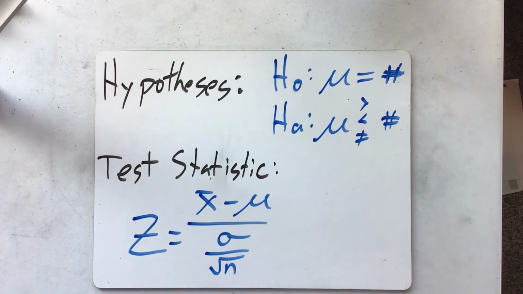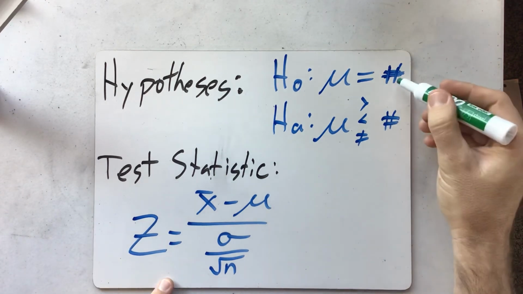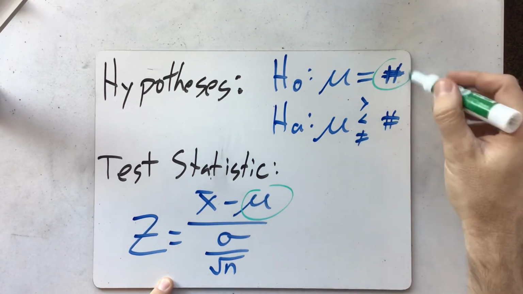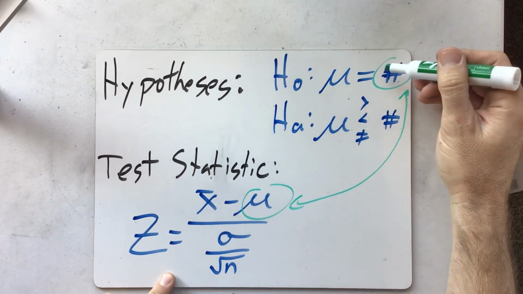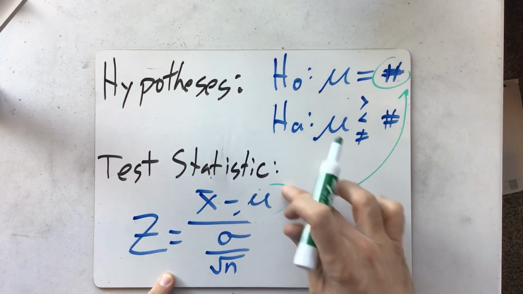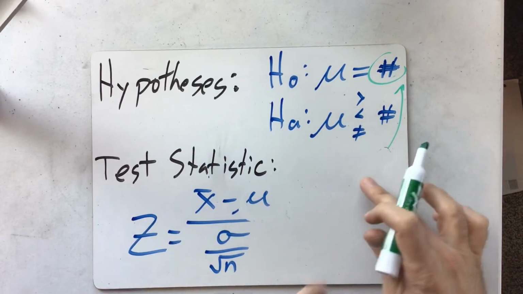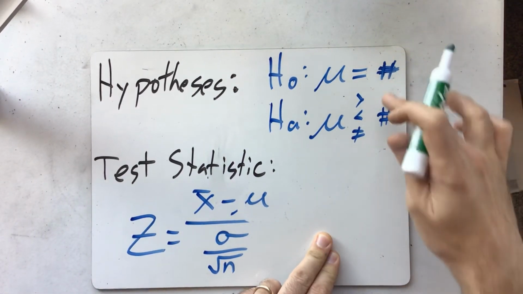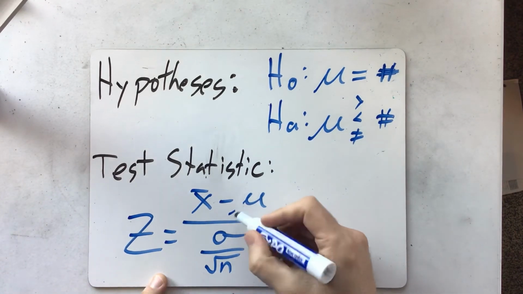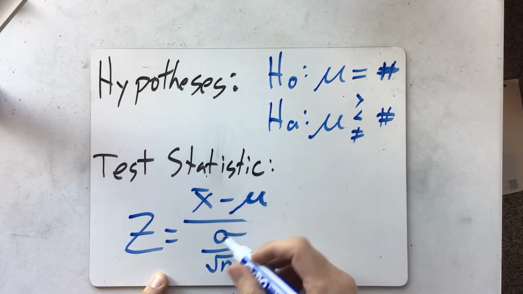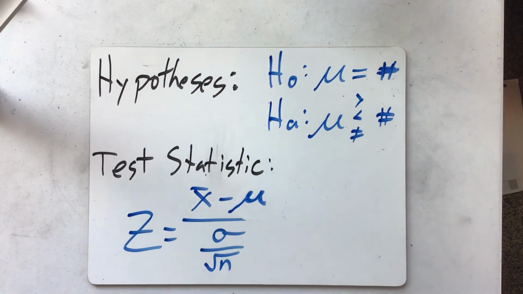You did some sort of experiment, you came up with an average, and that average goes right here. Mu is the average from your hypothesis, so it will always be the same number you start with in your null hypothesis. Finally, sigma is the standard deviation for the whole population, the standard deviation that you know is true for the whole population, and n is how many people are present in your study.